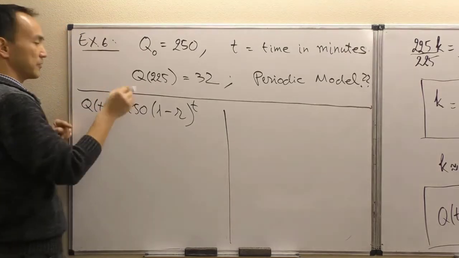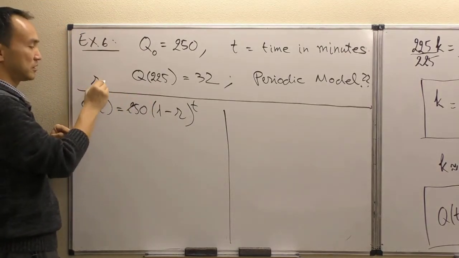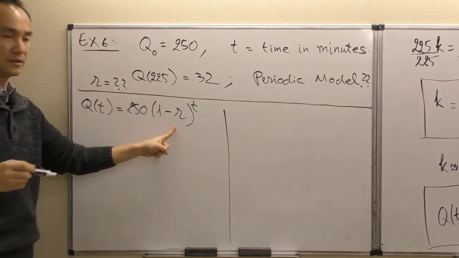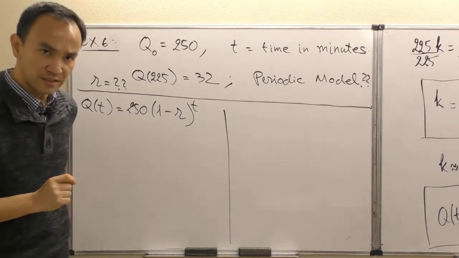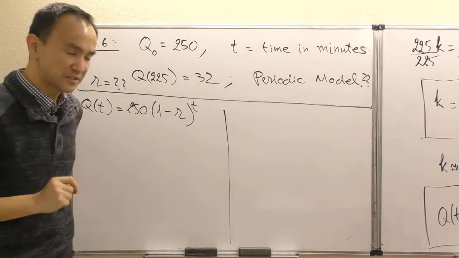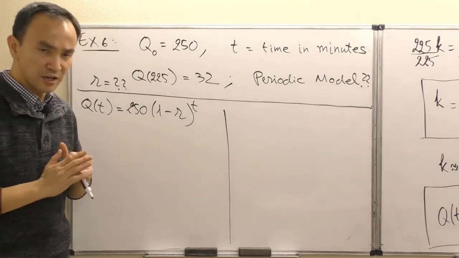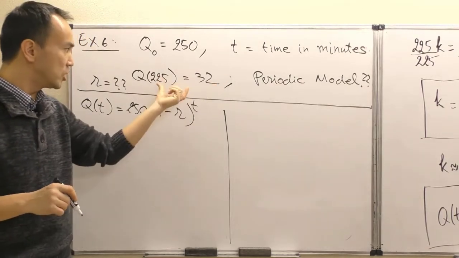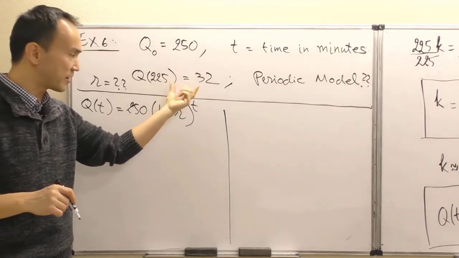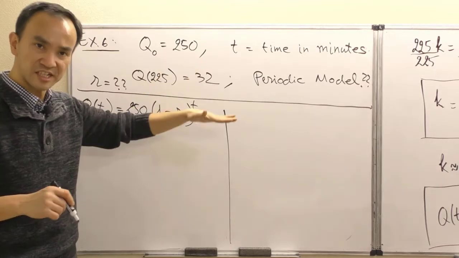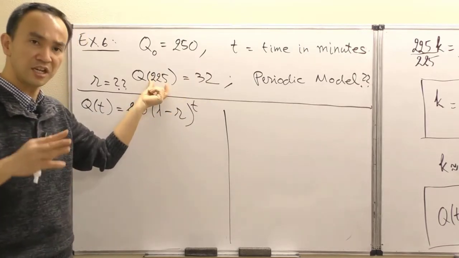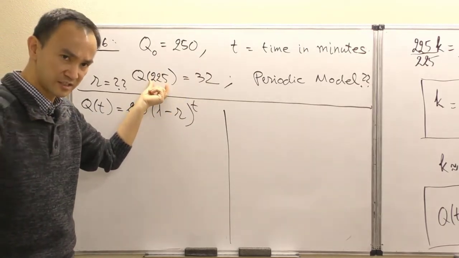What challenges us here is that we don't know the value for r, this periodic decay rate. But finding it is not that challenging. We already knew this important relationship: the amount decays down to only 32 in 225 minutes.